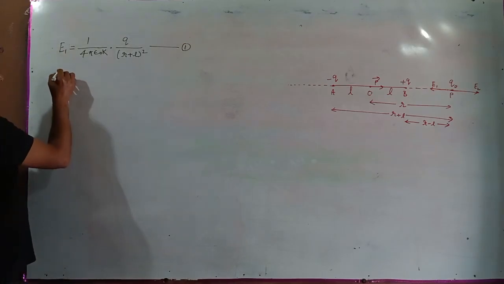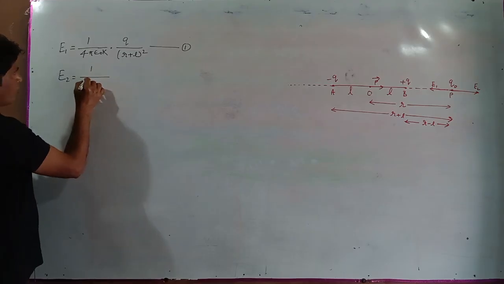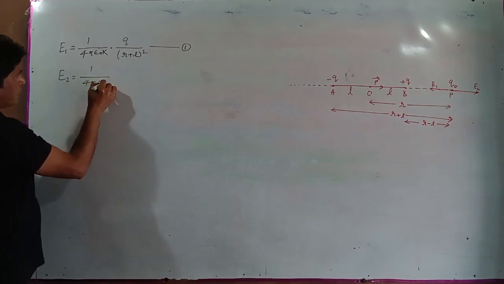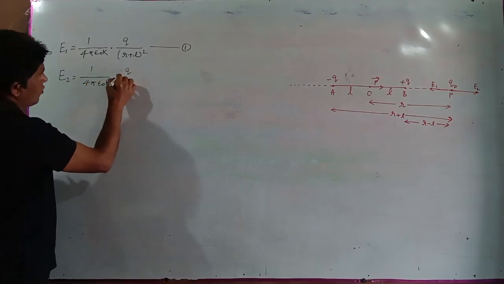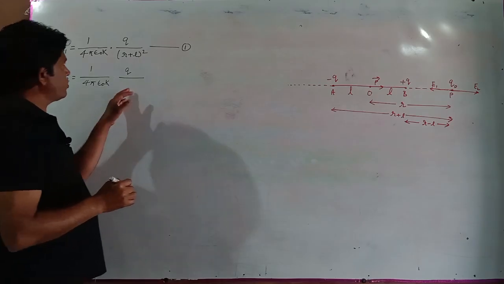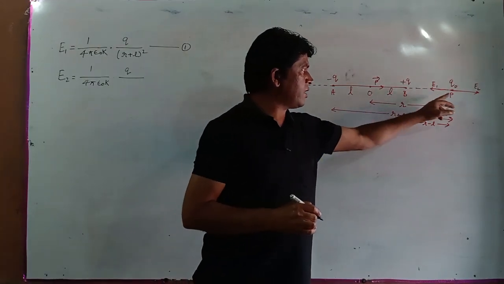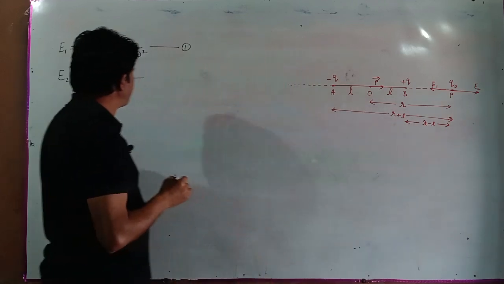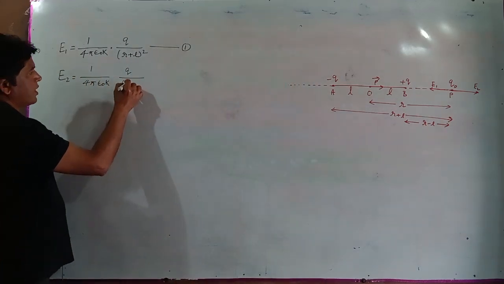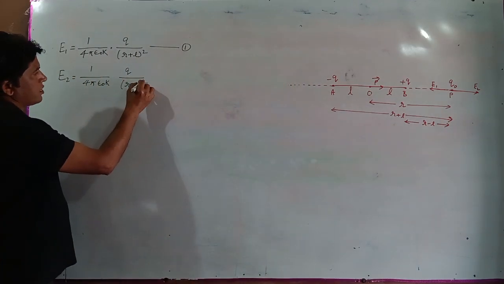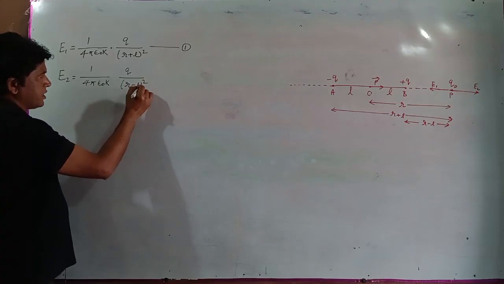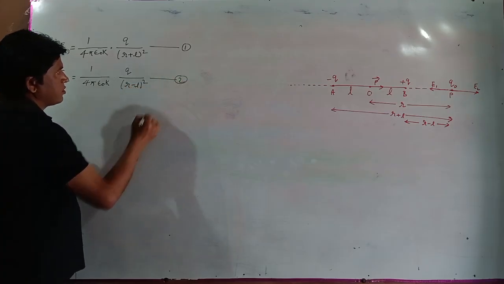Similarly, the expression for intensity E2 will be 1 upon 4 pi epsilon naught, K times q over, and you see that for E2, the distance between B and P is r minus L. So, we put here (r minus L) the whole square, and it is represented by equation number 2.